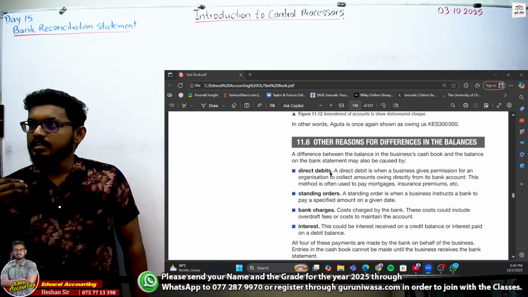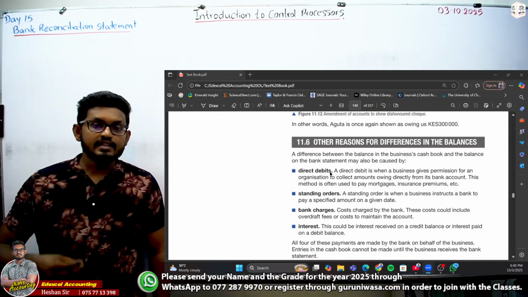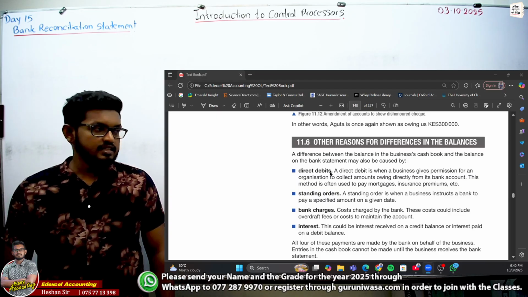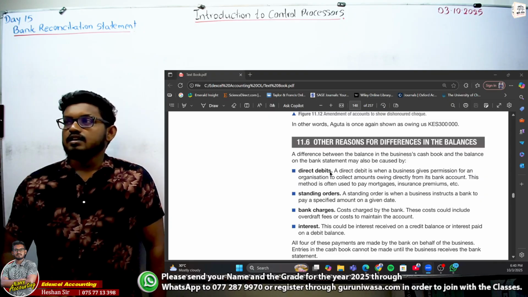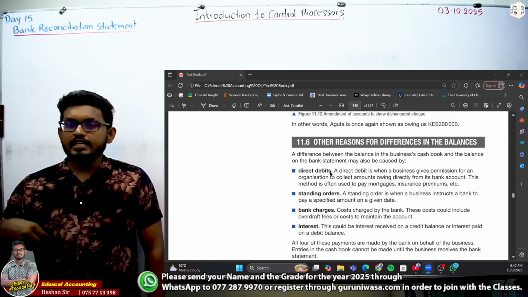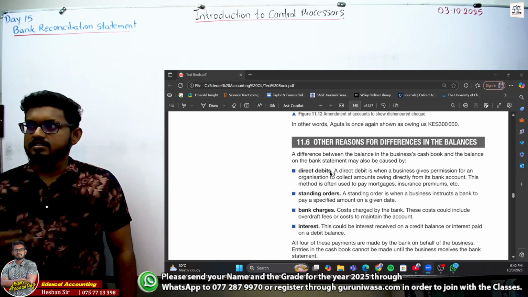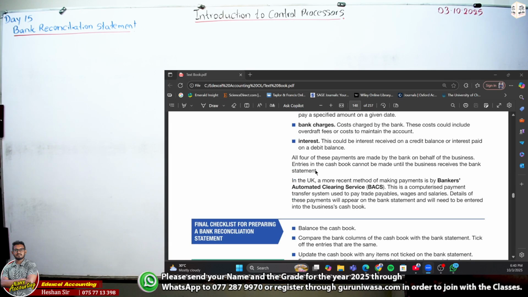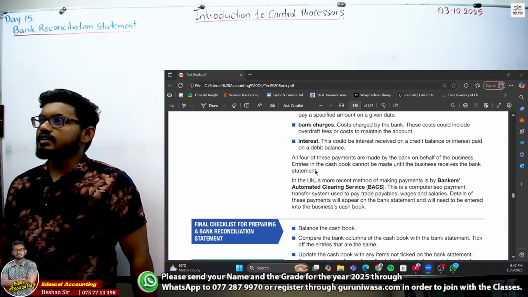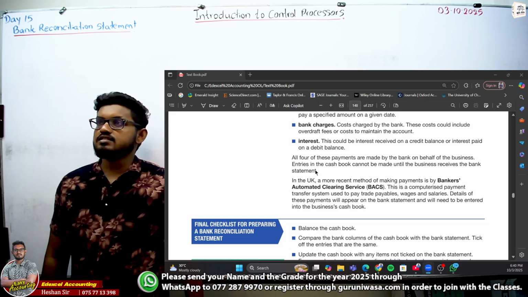Sometimes we receive interest, but in current accounts we do not receive interest, only in savings accounts and fixed deposits. Sometimes we need to pay interest to the bank, for example on a bank loan or any other things, right? All four of these payments are made by the bank on behalf of the business.